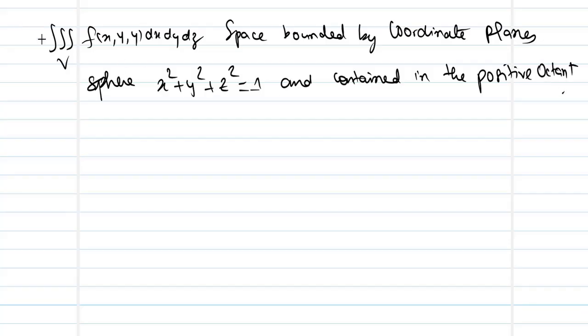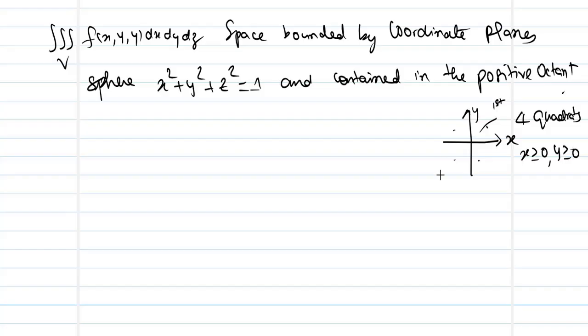Okay, so how to fix the limits now? Now we know that whenever we have two-dimensional space, you have x, you have y, so it is divided into 4 quadrants. So this is the first quadrant where you have both positive, that is x is greater than or equal to 0, y is greater than or equal to 0. When we have 3 variables, an x, a y and a z, the total space is divided into 8 octants.